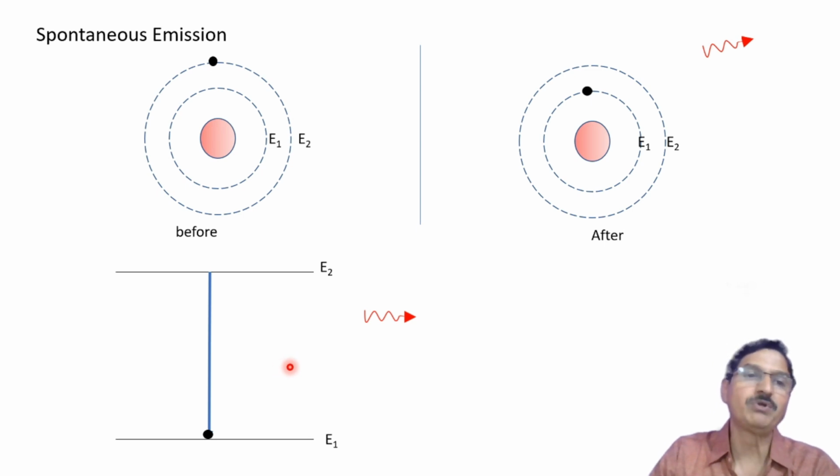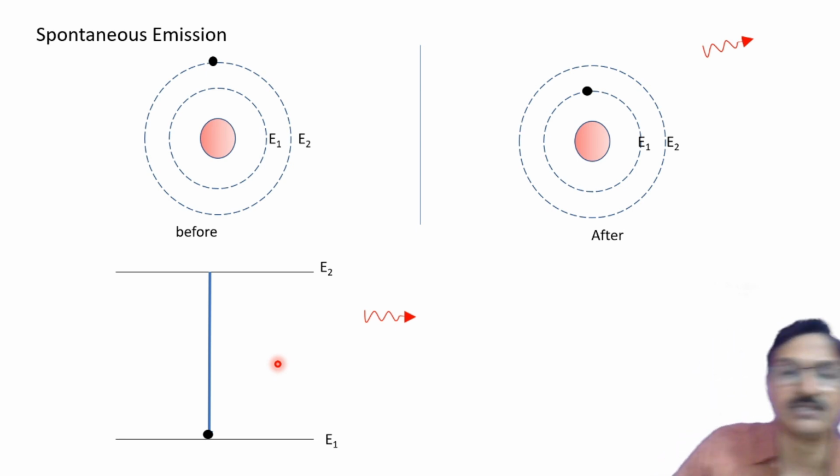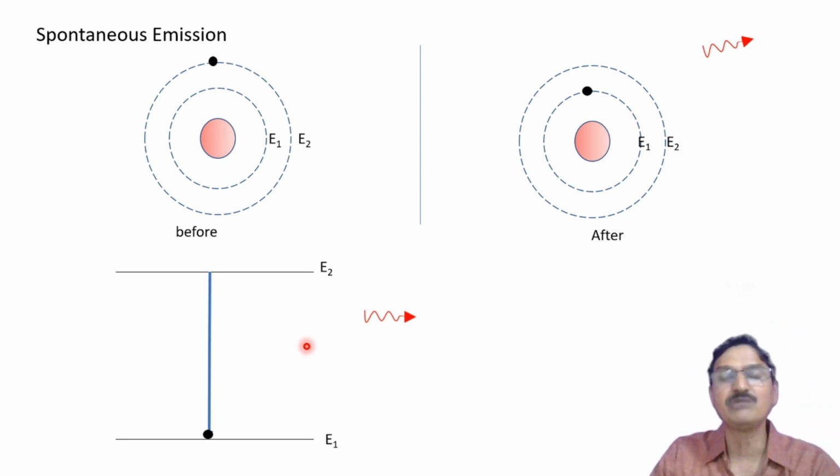It is important in this spontaneous emission process that the emitted photons move randomly. This diagram is shown for only a single atom, but in the material there will be a number of such atoms.